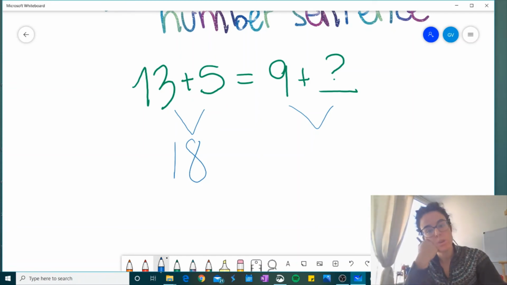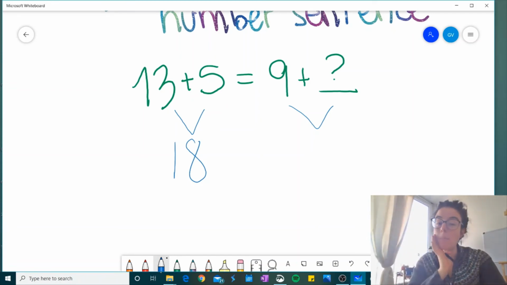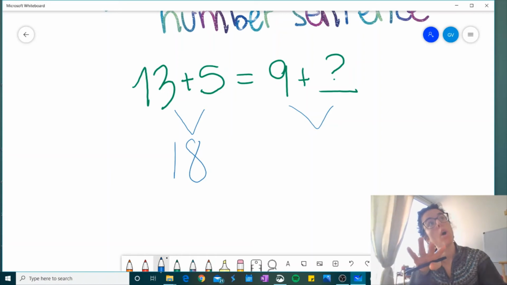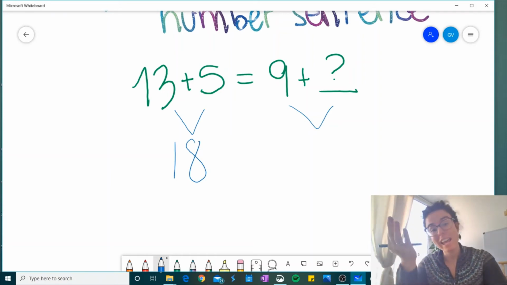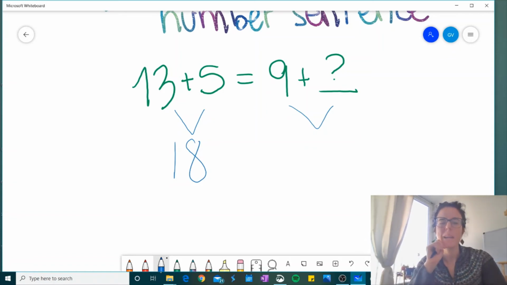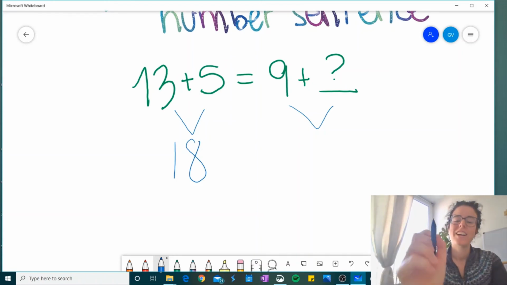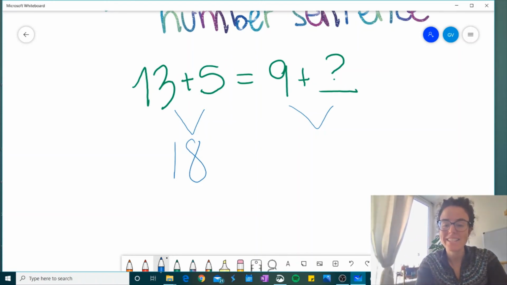What do we add to 9 to get 18? Do you guys remember your rule of doubles? Like 1 plus 1 is 2, 2 plus 2 is 4, 3 plus 3 is 6, 4 plus 4 is 8. What's 9 plus 9? Do you remember? 9 plus 9 is 18.